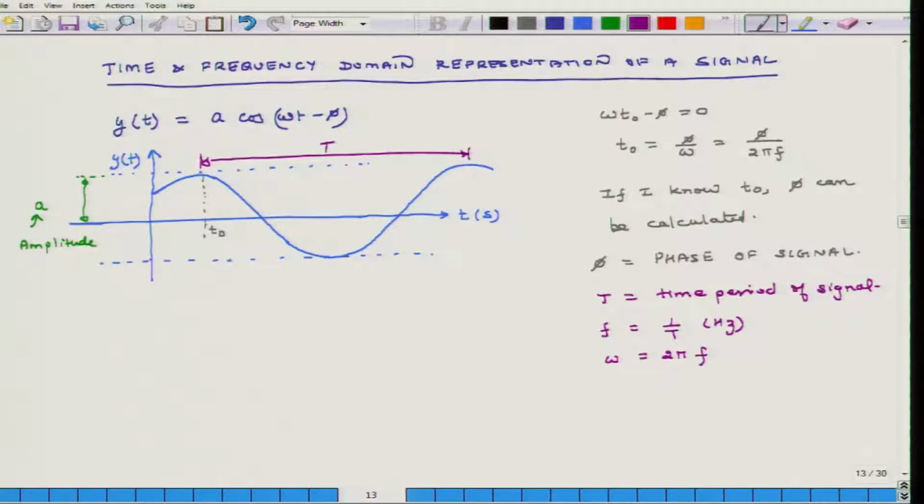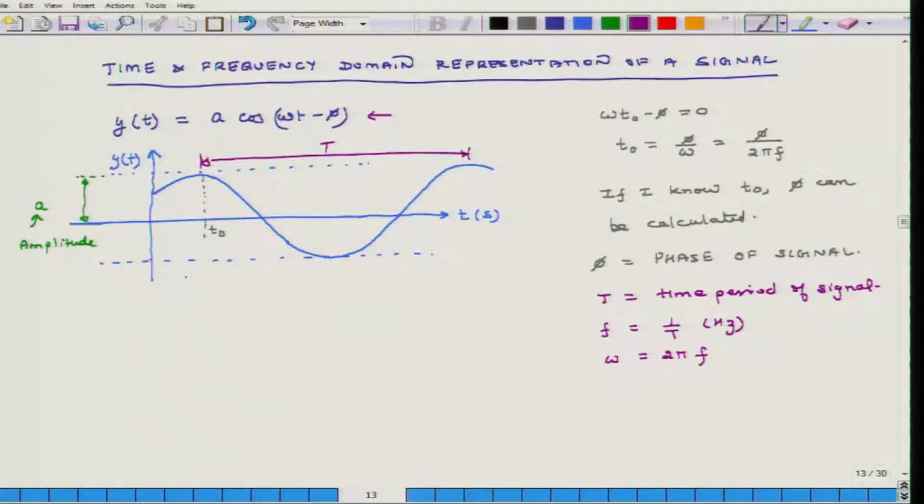Okay. So, from the plot of this simple waveform, which is a harmonic waveform, I can deduce the value of phi, deduce the value of T, deduce amplitude, if I have the plot of this function y t equal to a cosine omega t minus phi.